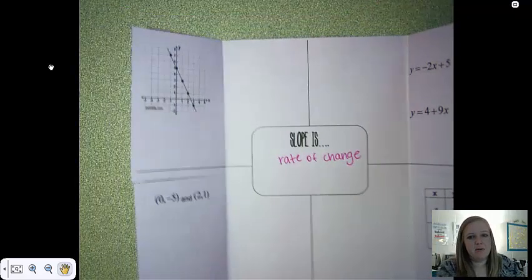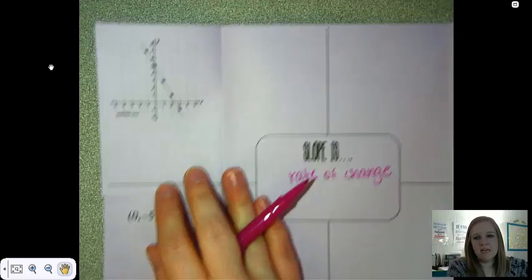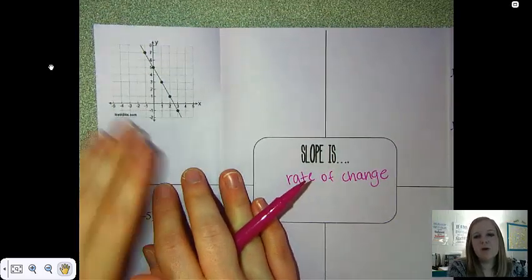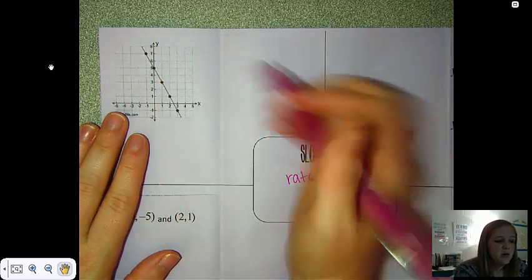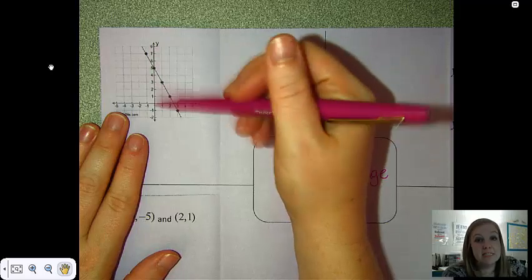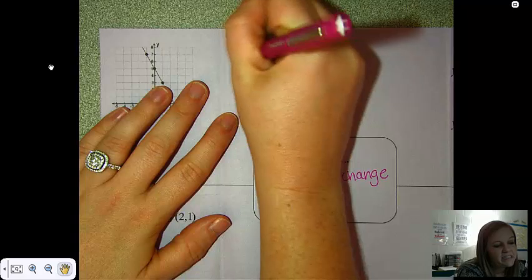The first thing that we want to talk about is that we already know that slope is delta y over delta x. It's the change in y over the change in x. Well, since the y-axis runs up and down, we call the change in y the rise.